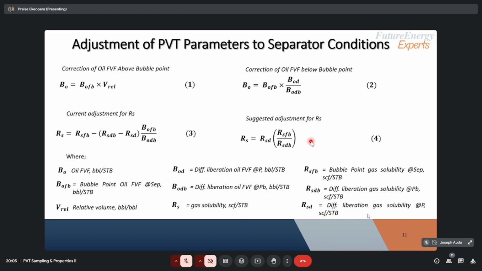So these are key adjustment methods for correcting your PVT parameters to separator conditions. I made mention of this, and in our hands-on, we'll be typing some of these equations and using them to correct them. And these are standard industry practice.